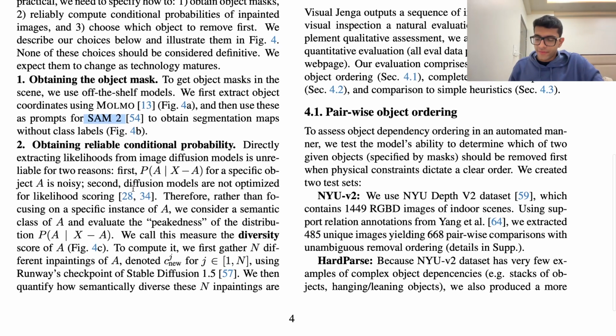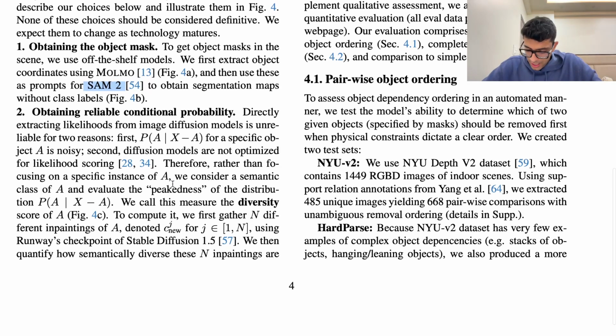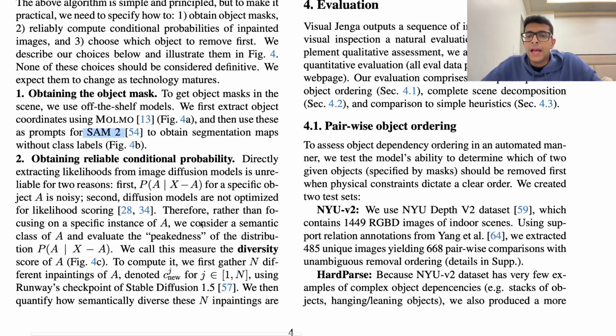Now, once we're done with that, we're going to get on to the second part, which is obtaining the conditional probability. As we can see over here, I also explained above, this is quite similar, where we just have to tell the relationship between a pair of objects, of how they depend on each other.